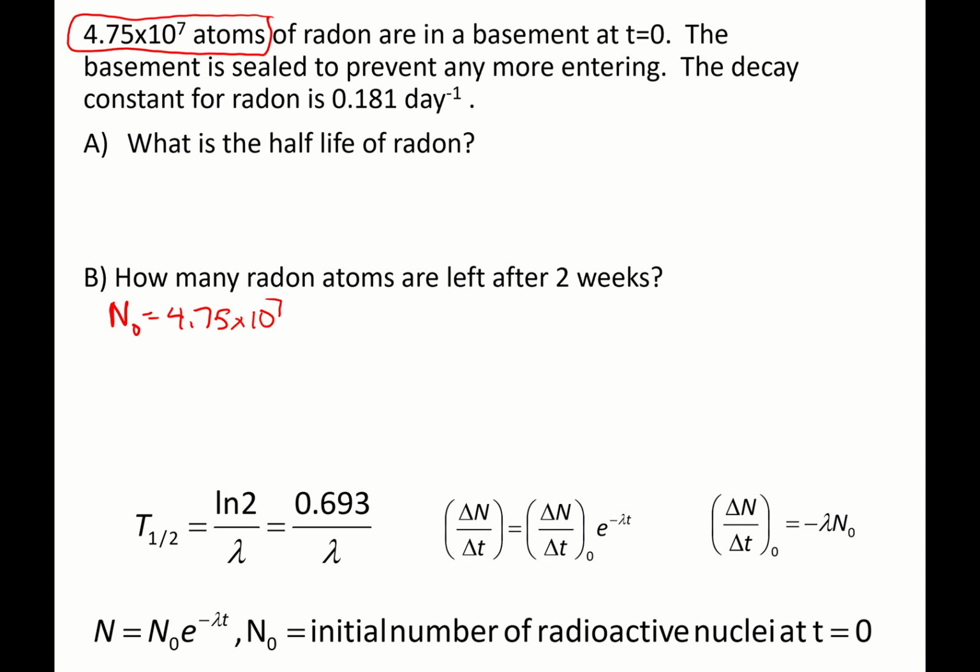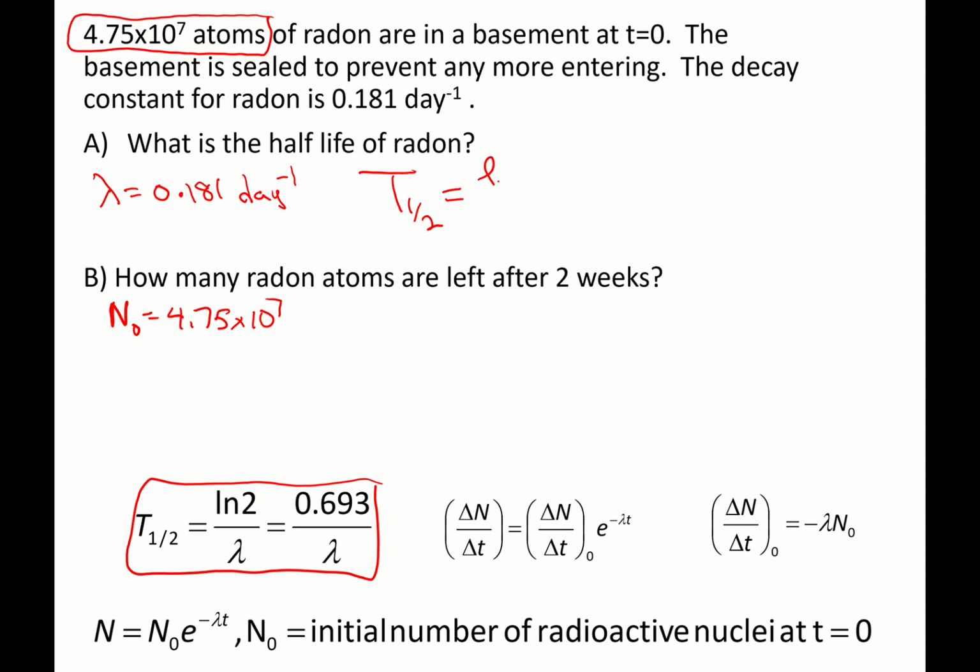And the decay constant, which is lambda, is 0.181 per day. You're going to see decay constants in per seconds, per days, per week, per year. So you need to be careful when you do your problem that whatever unit for time you use is consistent with what you have for lambda. So I want to find the half-life. The equation I'm going to use is the one on the bottom left. The half-life is the natural log of 2 divided by lambda, so 0.181.